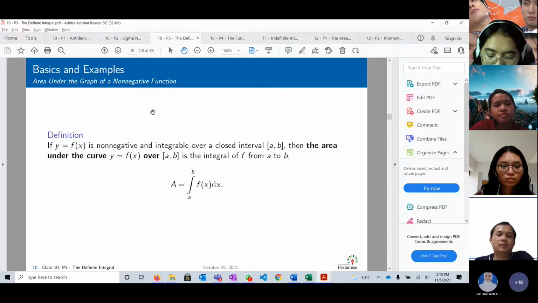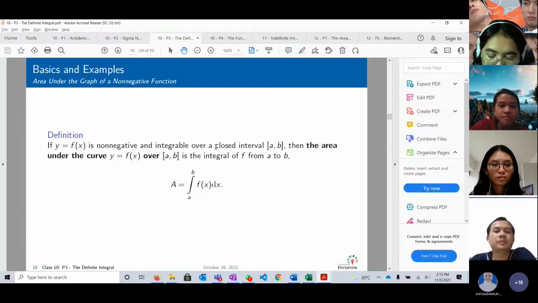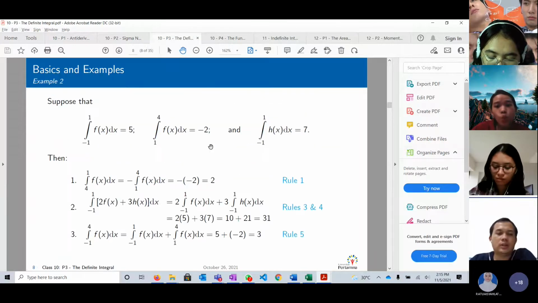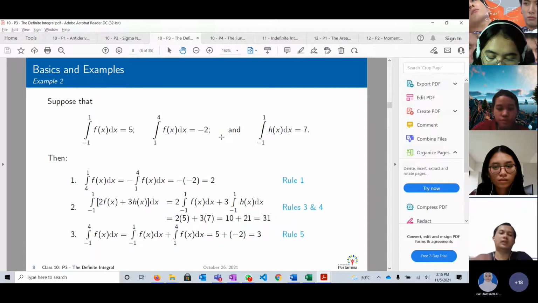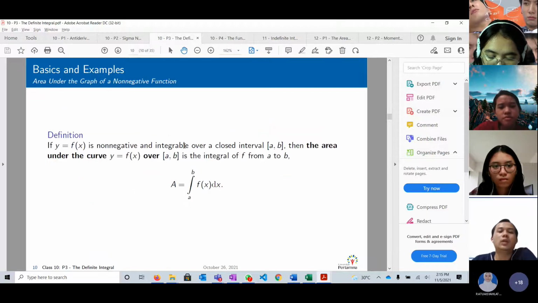Okay, now I'm talking about something a little bit different. If we talk about just the normal definite integral, the value can be negative. But now we are talking about the area under the graph of a non-negative function.